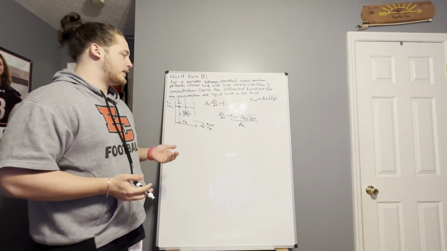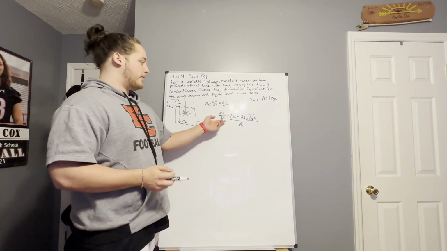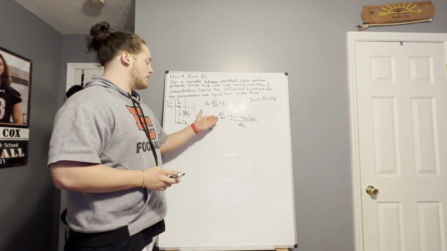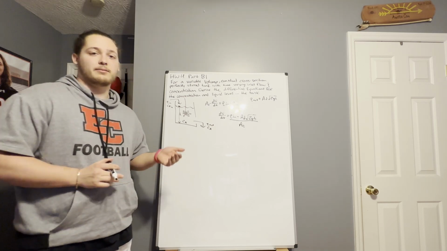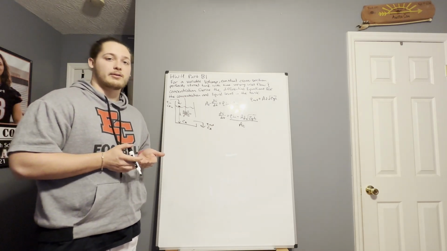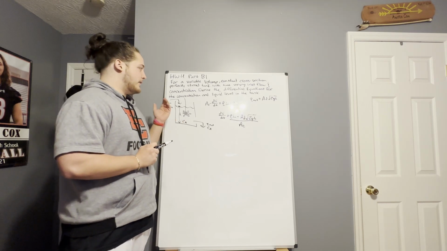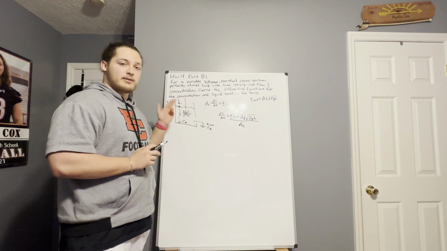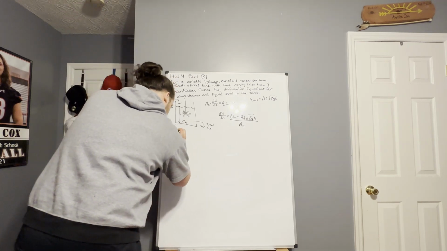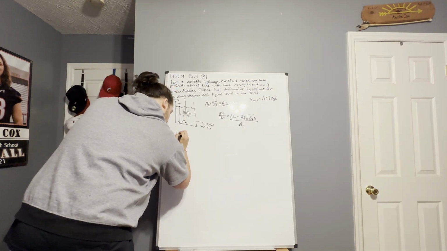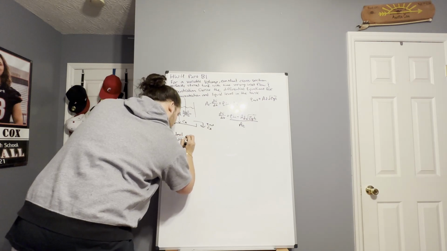So now that we have come up with a differential equation for our variable volume, we are now going to want to look at the rate of change of the moles in our system, so that we can come up with a differential equation for our concentration. So what we're going to want to look at is the change in moles over time.